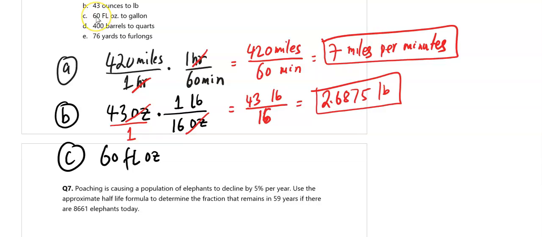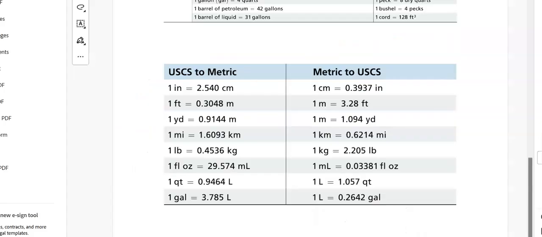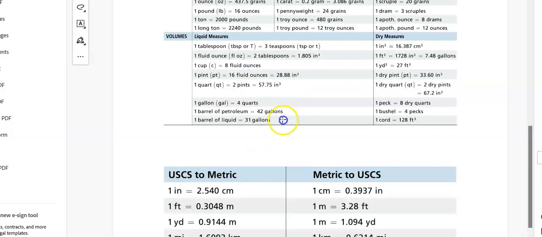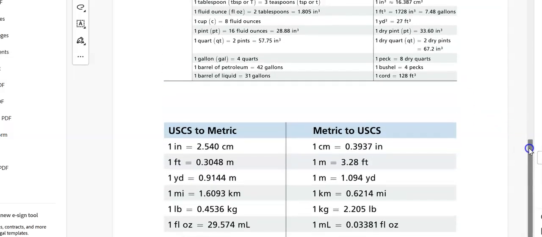Or say you change 60 fluid ounces to gallons. You are given this table on the test, and if you look at this table that is provided, you have to look for whether there is an equation that converts fluid ounces to gallons directly. No, remember that there's no equation that tells you how many fluid ounces equal how many gallons, right?